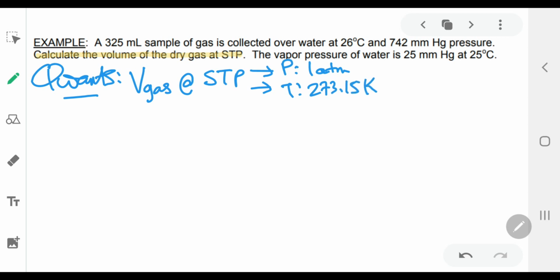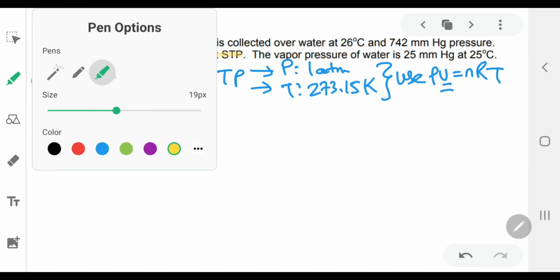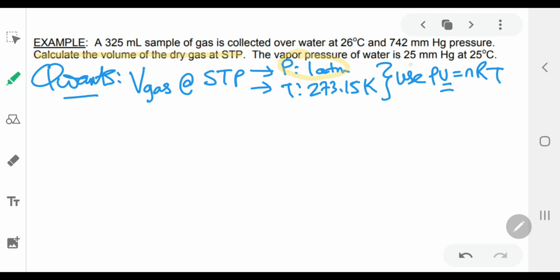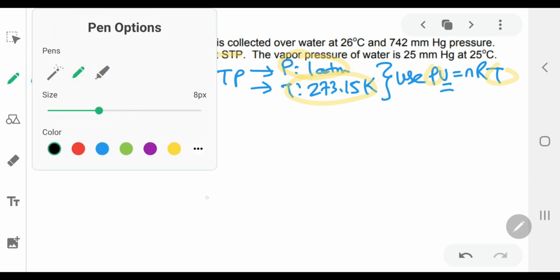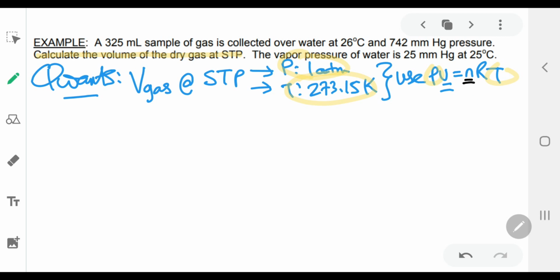273.15 Kelvin. Okay, so we can use PV equals nRT to find the volume, because over here we have the pressure, we have the temperature, but what we don't know is the number of mole of the gas.